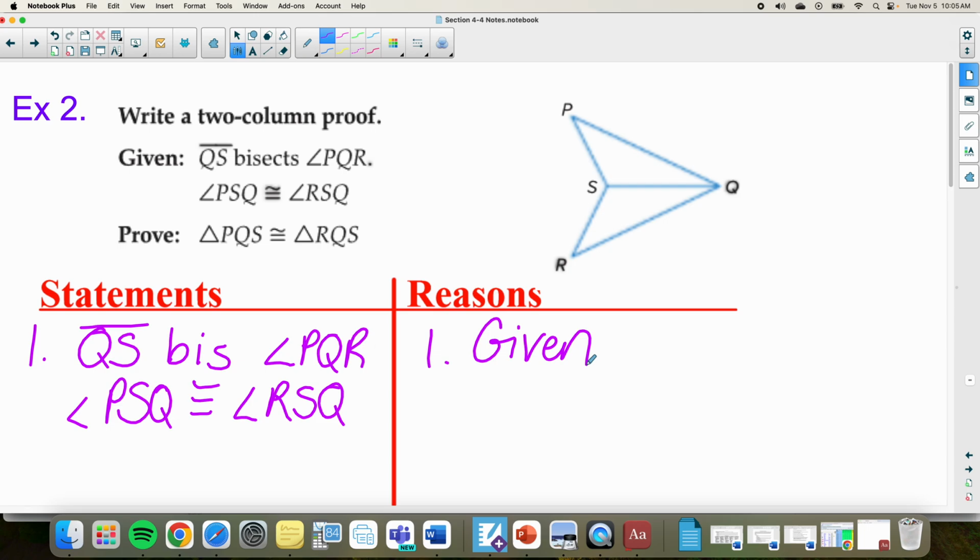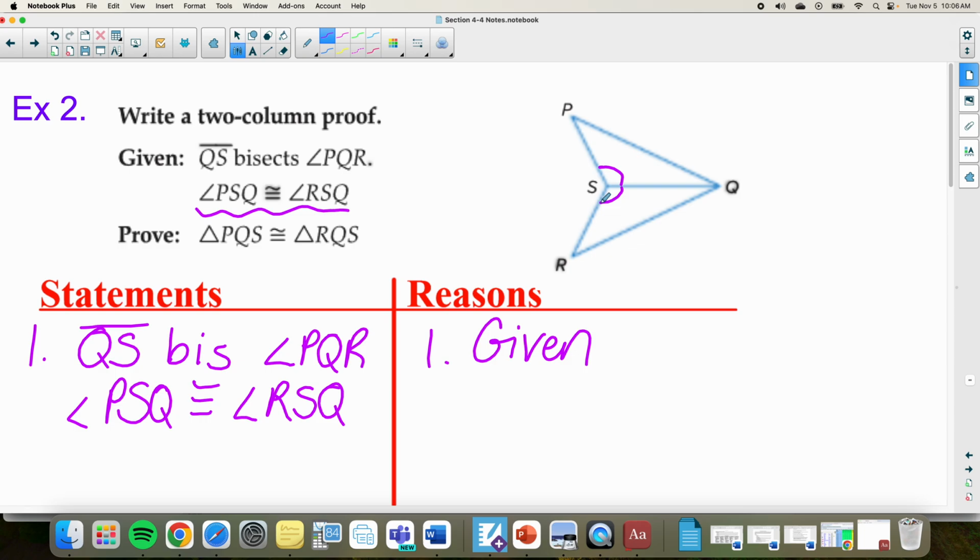Now, if you guys look here, one of the things I can mark right away is this part here, angle PSQ. PSQ is this angle, and that is congruent to angle RSQ, which is right there. Okay, that I can mark right away.